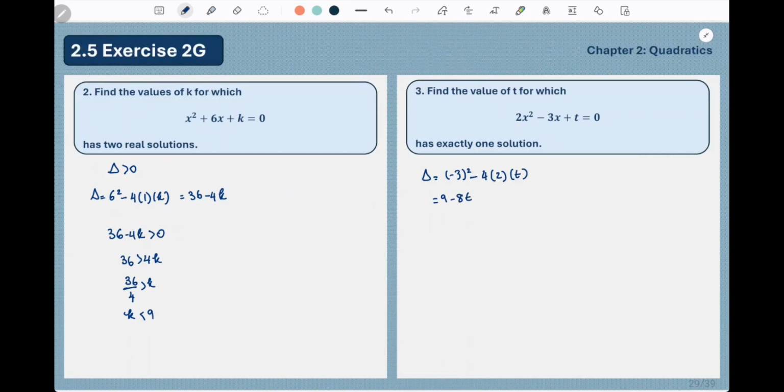It has exactly one solution, which means one repeated solution. So that's when delta is equal to 0, which is 9 minus 8t equals 0. We move 8t to the other side, and solve for t, and it becomes 9 over 8. So the value of t for which it has exactly one solution is 9 over 8.